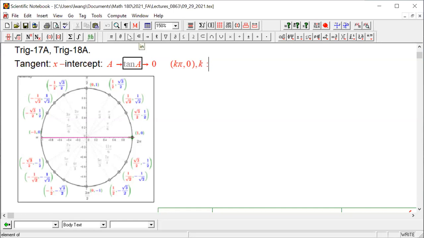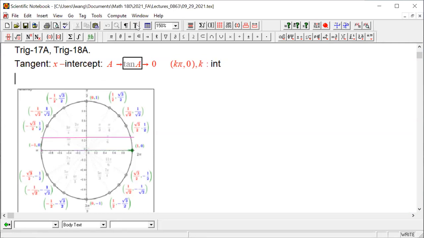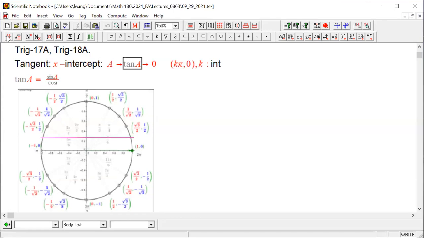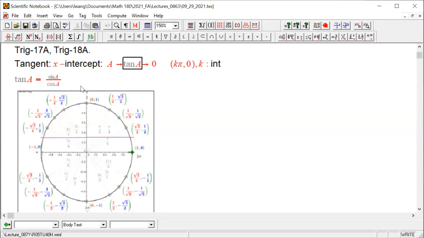I also wish to give you another perspective to look at the tangent x-intercept. We know tangent is sine A over cosine A, right?